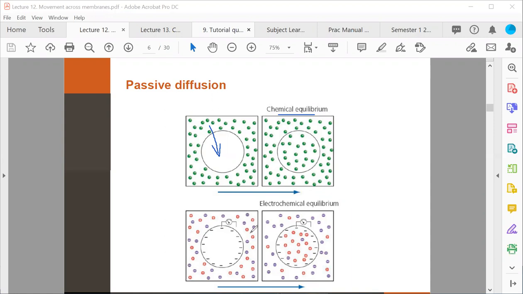Exactly, the positively charged species would be more likely to be transported into the cell, and you can see that here. So you've got mostly positively charged species inside the cell to balance those negative charges. And when this occurs, then we have achieved electrochemical equilibrium. So remember both the concentration aspect and the electrical aspect.